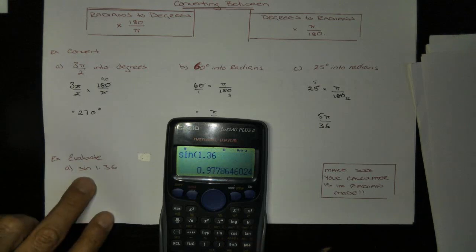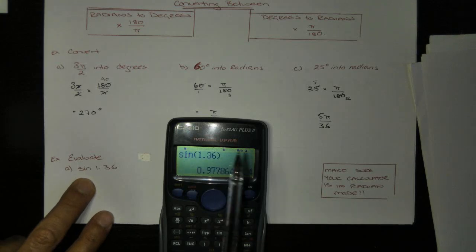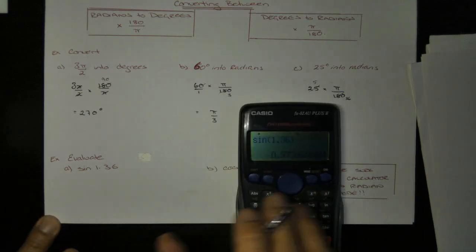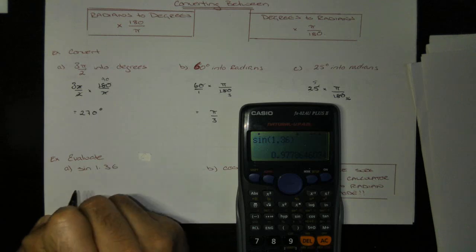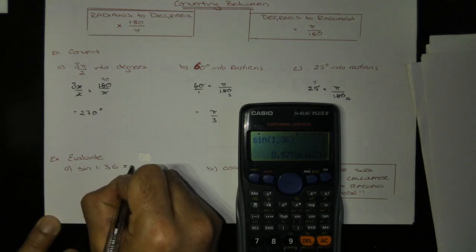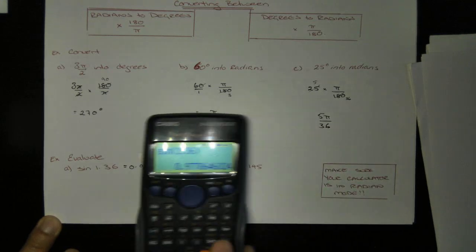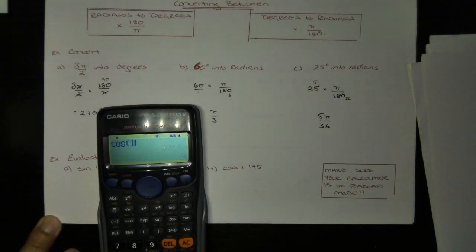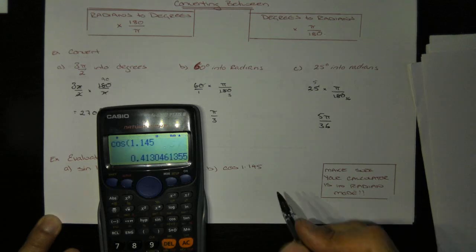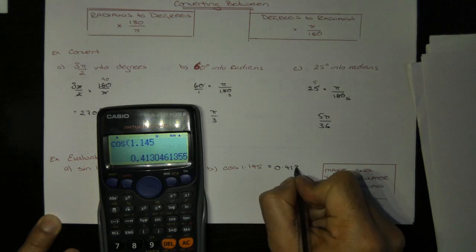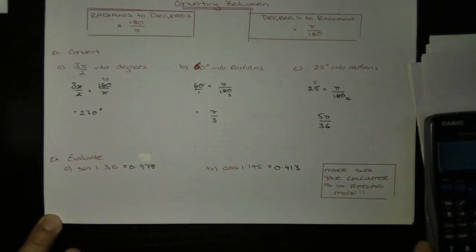So if I want to figure out what sine 1.36 is, I'm in radians, it sees that little R there, so I press sine 1.36 and I get 0.978, to 3 decimal places. And so cos 1.45 is worth 0.121, okay.